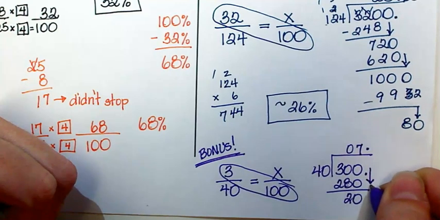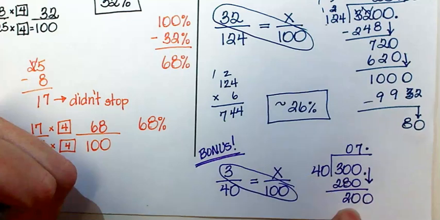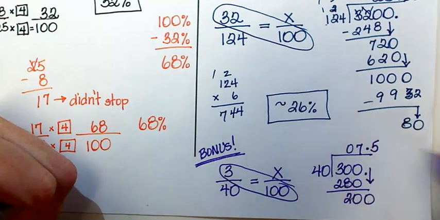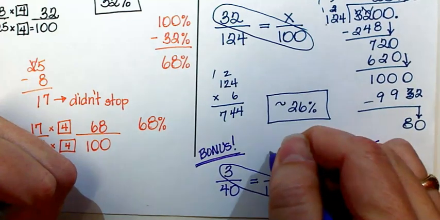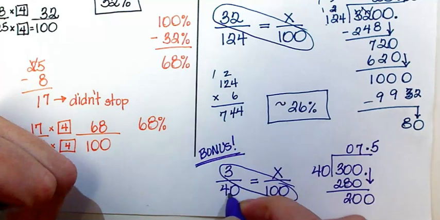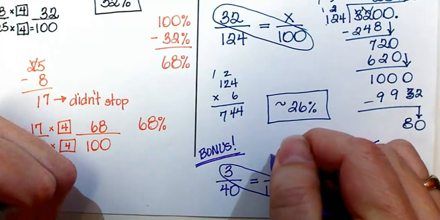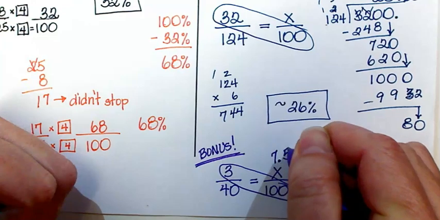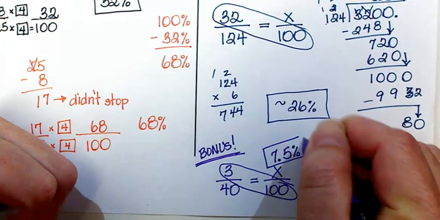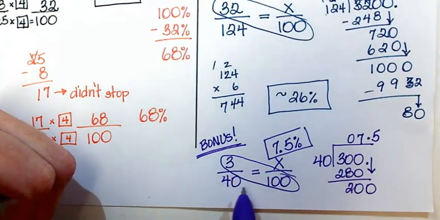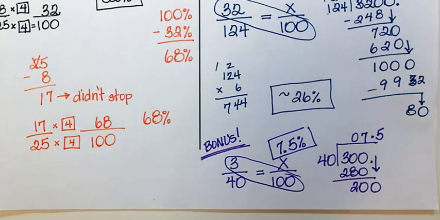Bring down a 0. 40 will go into 200 5 times, okay? So in this case, 3 over 40 is equivalent to 7.5%, okay? But I simply did that because it's been a while since y'all have done the cross multiplying, and I wanted to remind you of that skill.